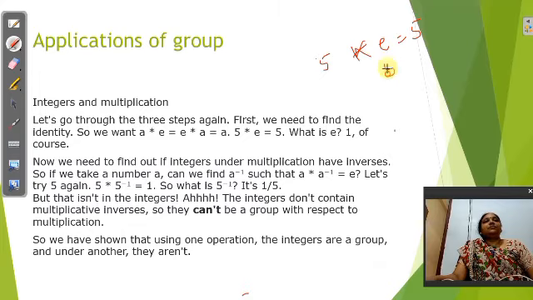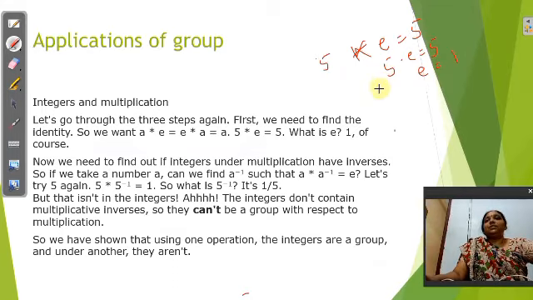Means 5 into e is equal to 5. That means e is equal to 5 by 5, which is 1. Does 1 belong to the integer set or not? Yes, the element 1 belongs to the integer set. So we can say it satisfies the identity property with respect to multiplication, whatever element you may check.